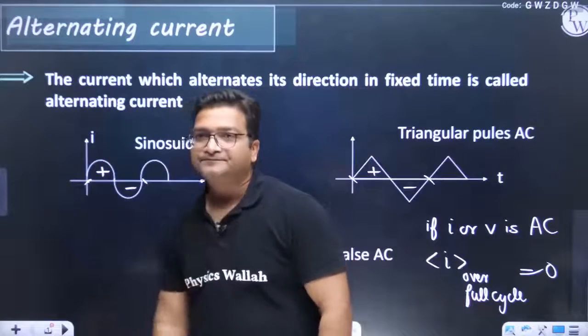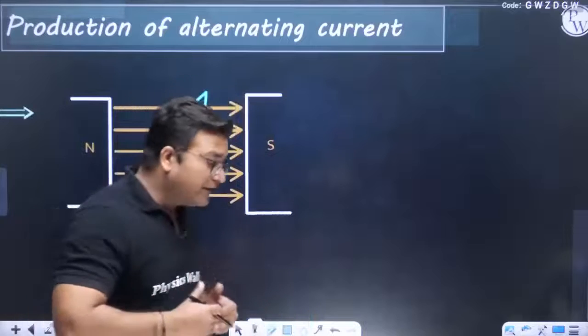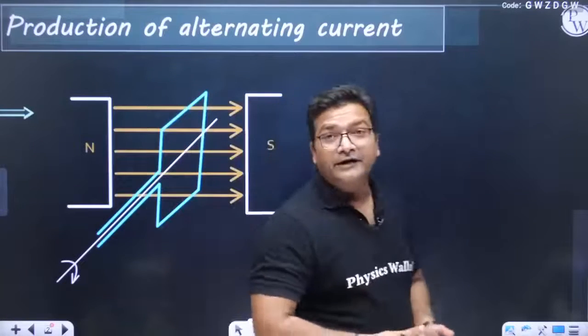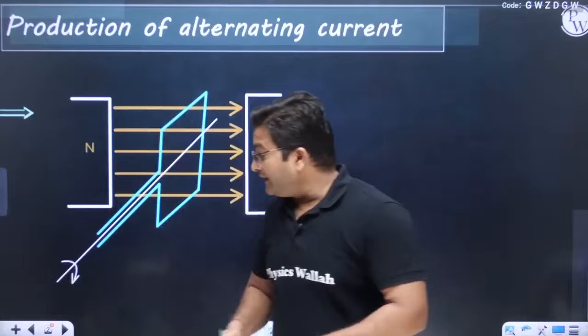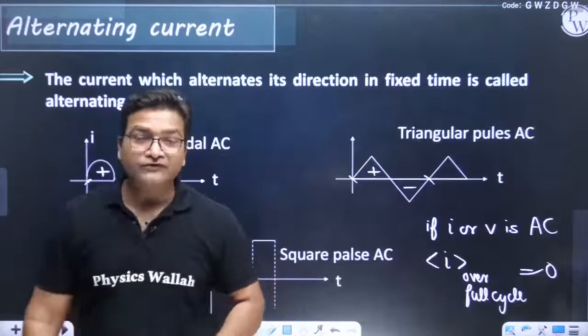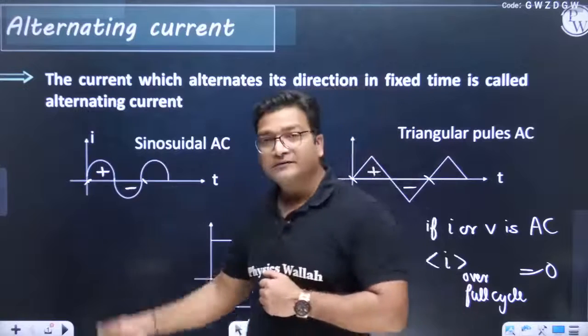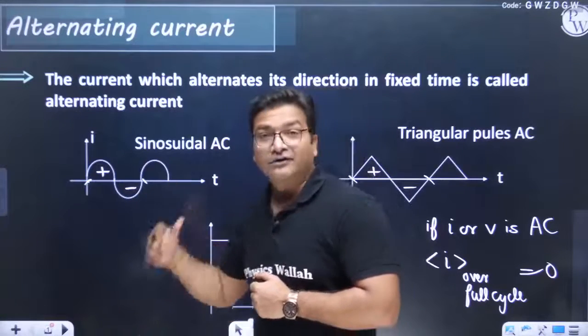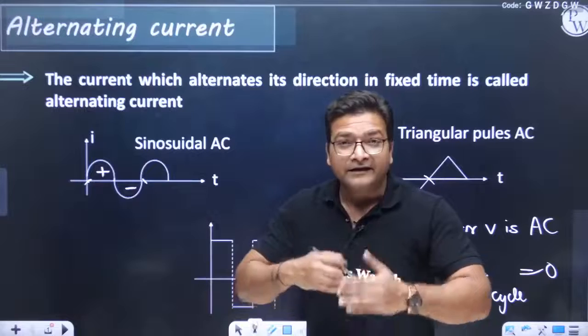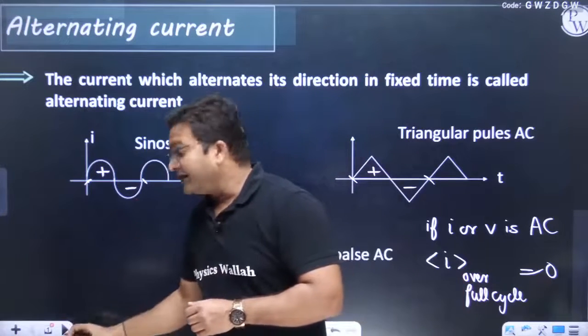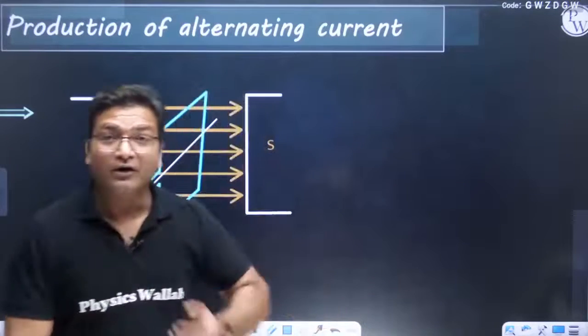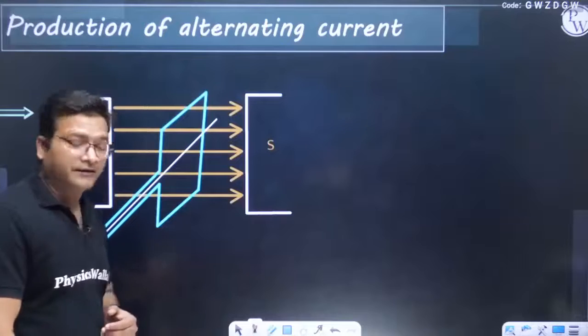Let's move a little. We will now understand how we produce alternating currents. Actually, out of these three, the most important waveform is sinusoidal, because the generation of sinusoidal AC is simple. And now we will understand how we generate alternating voltages or alternating currents.